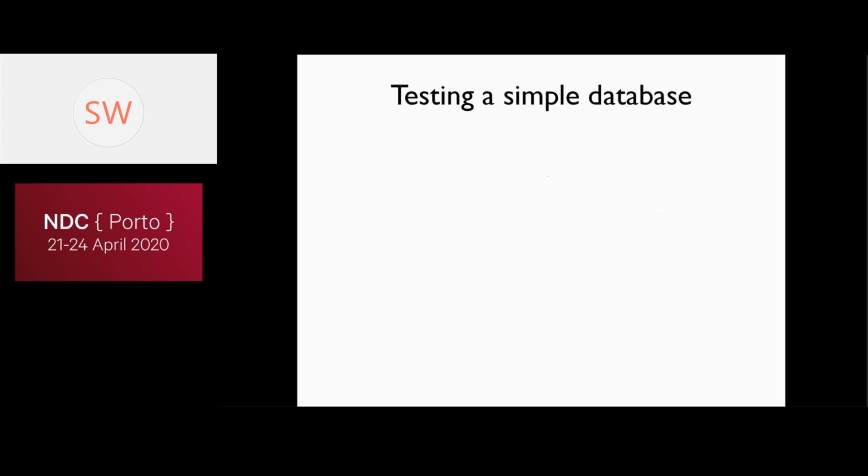Let's say that you have a simple database and you want to test whether it works or not. Now, a real database is incredibly complex, but we're going to test our database with just 4 operations: open the database connection, close the database connection, increment a field in a record, and decrement a field in a record. And we're going to have 2 different clients because we want to test concurrency.